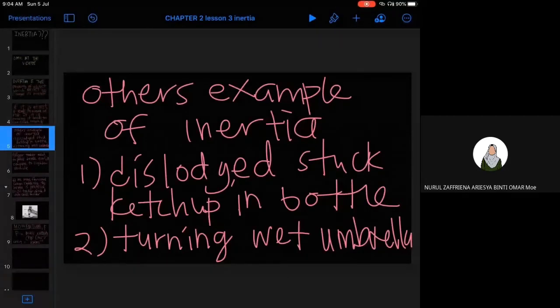Tapi because you have inertia, you resist to change your motion which is stationary. So that you jatuh ke bawah. Instead of you follow the moving chair, you jatuh ke bawah because you do have inertia. Okay?